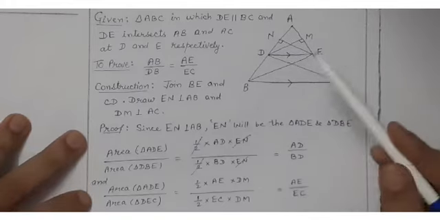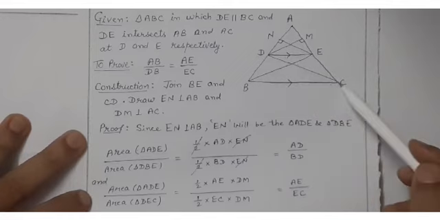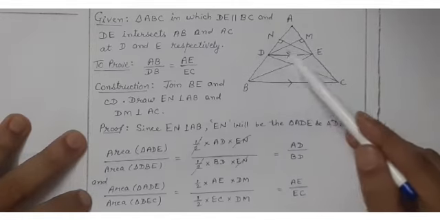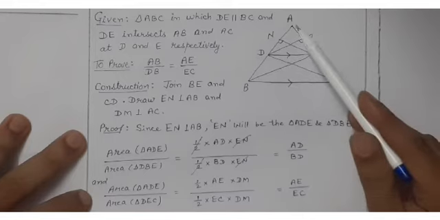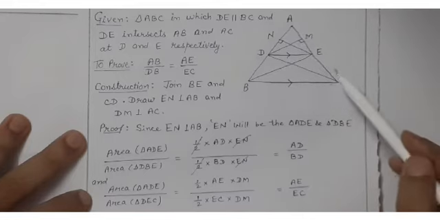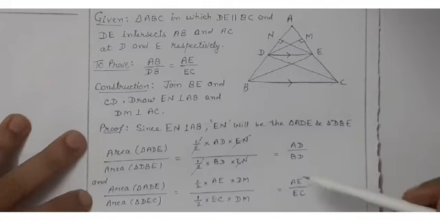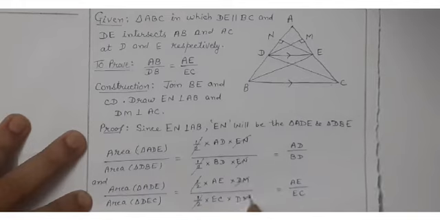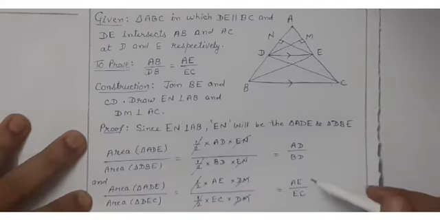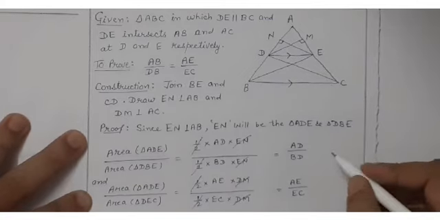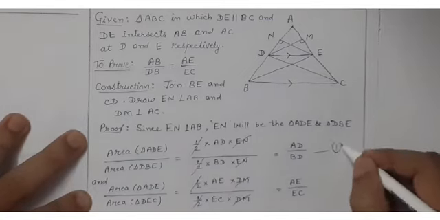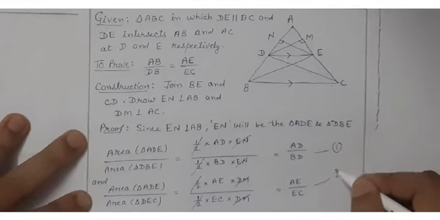And in triangle DEC, DM is the height, and AC is the base. So half base into altitude. You can cut half to half and DM to DM. What is remaining? AE upon EC. So these two relations are here. Both are very important. I am marking this as equation number 1 and this as equation number 2.